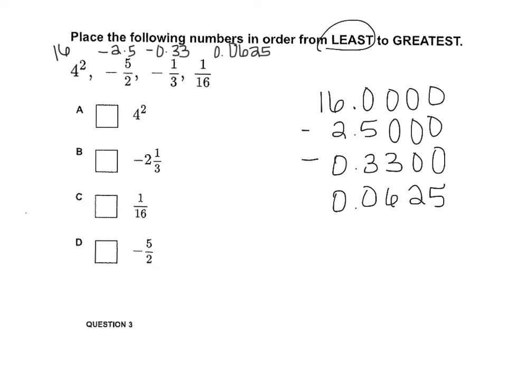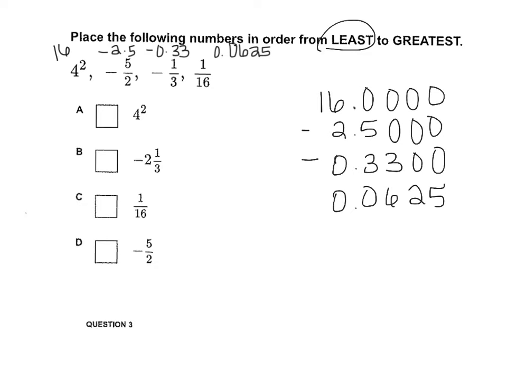If we have negatives, we know that our smallest number is going to be one of those negatives. Just looking at my first list of numbers, I have 2 negatives: negative 2.5 and negative 0.3. The rule with the negatives is the farther away it is from being a positive, the smaller it is.